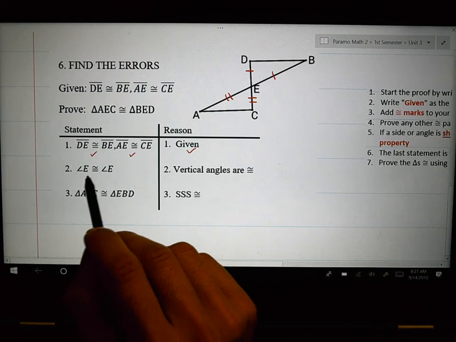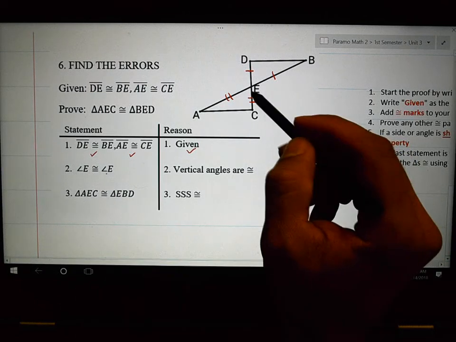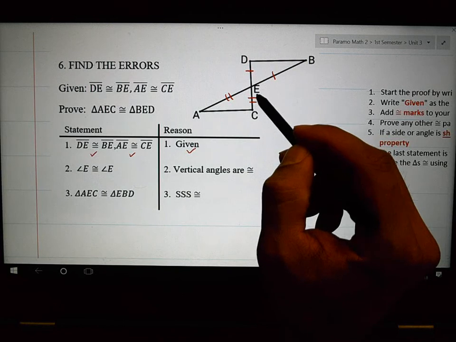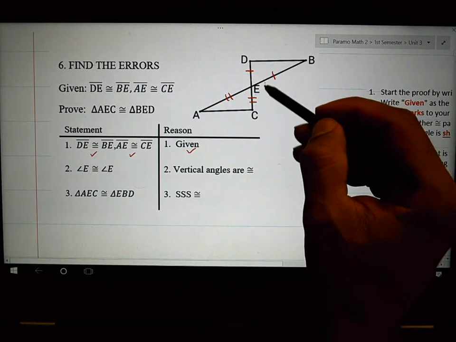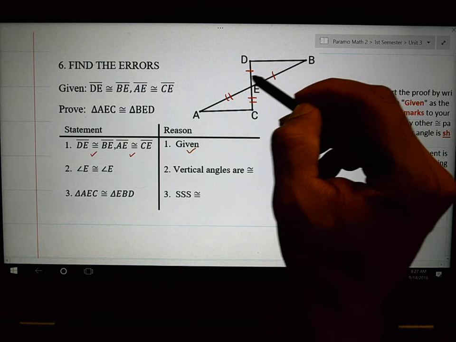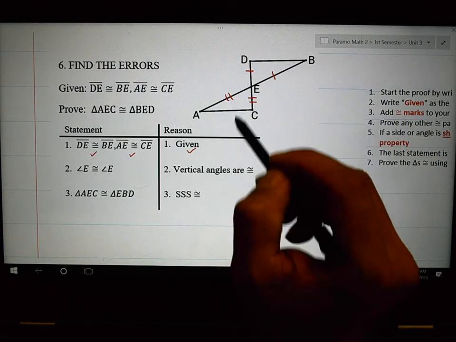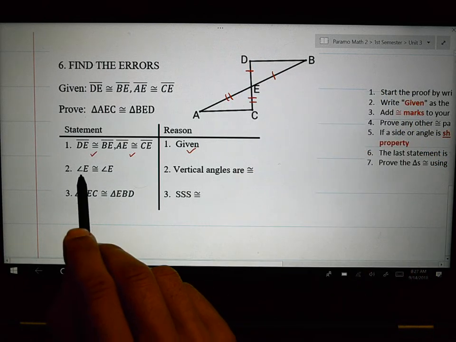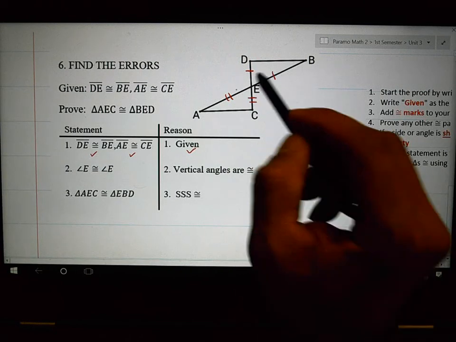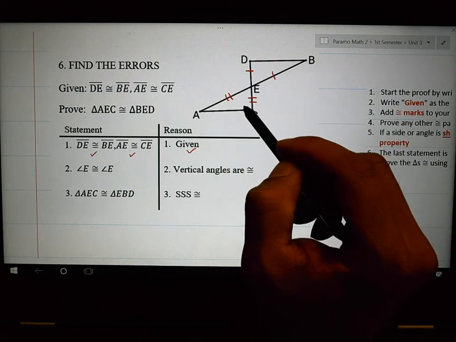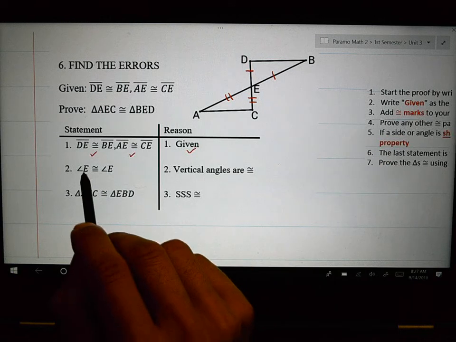It says angle E is congruent to angle E, and you look over here and you see angle E, but I told you, or at least I hope you know, are we talking about this angle E, or this angle E, or that angle E? Whenever you have E and it's at the middle of two lines, that's not how we write angles.